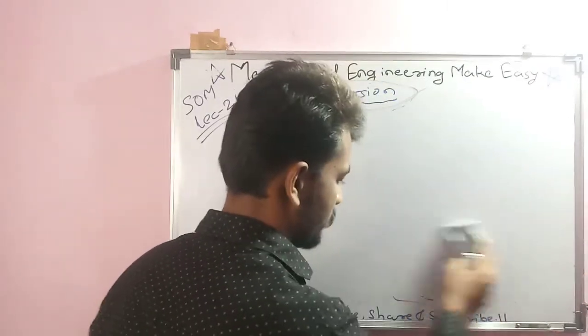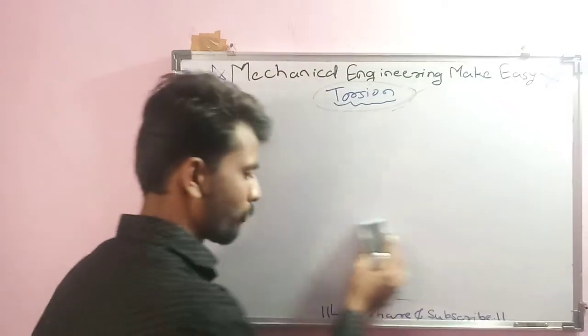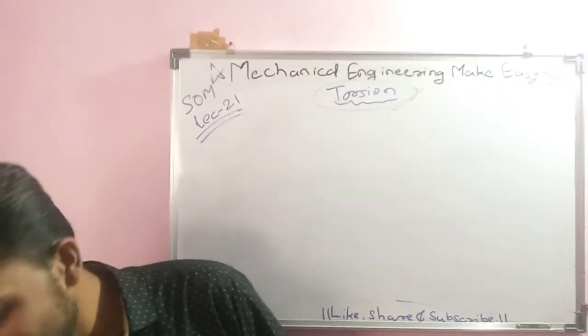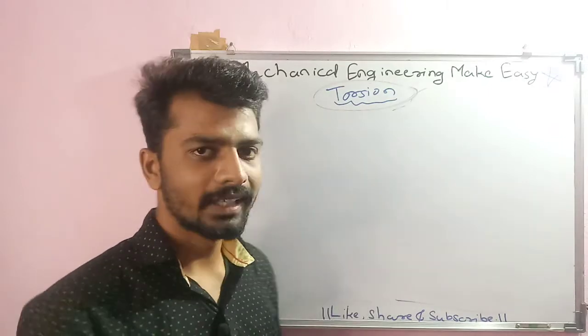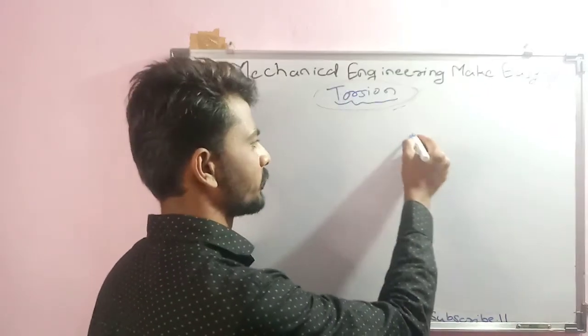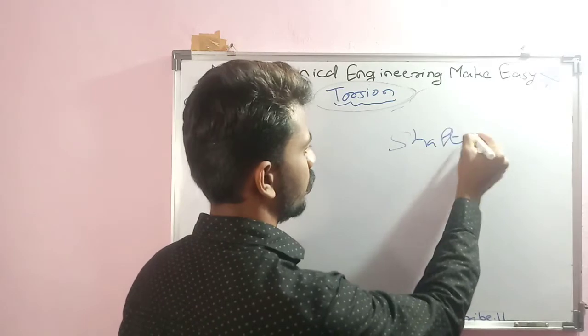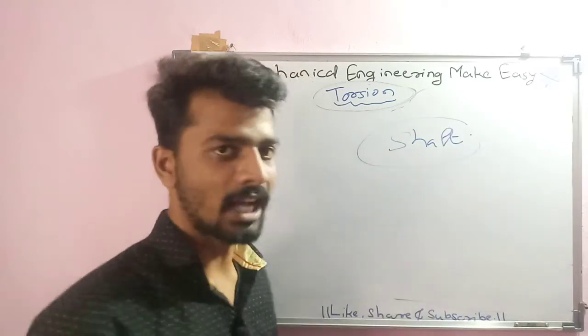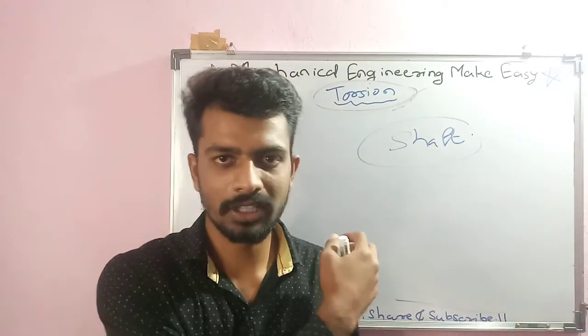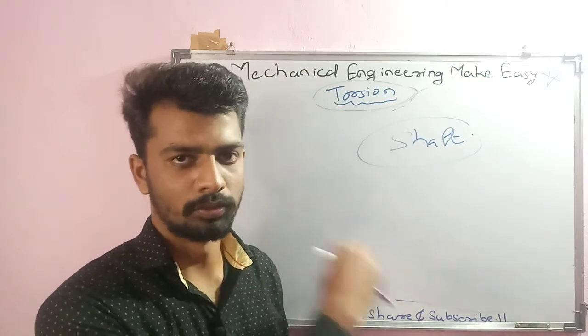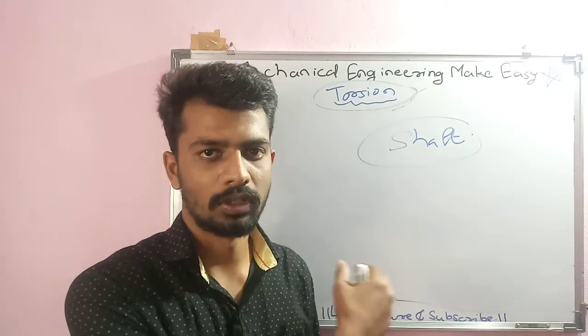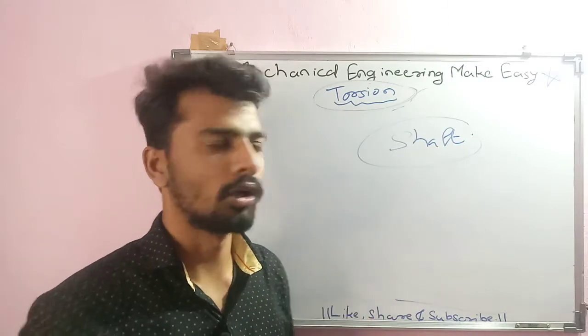Okay, and then at the last, I have bonus points for you, and today's bonus point is very interesting and important. As we have studied torsion today, in all the cases I have simply taken into consideration the shaft only. Why have I taken the shaft only? Because the torsion phenomenon is going to occur on the shaft only, because the shaft is going to have the torque.